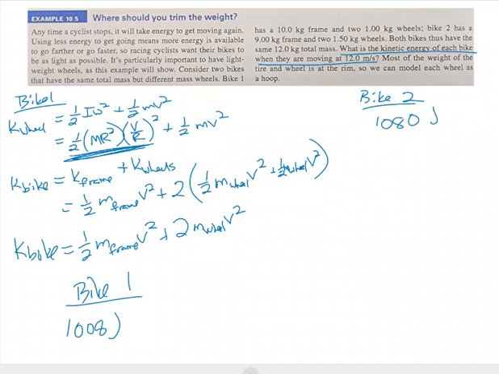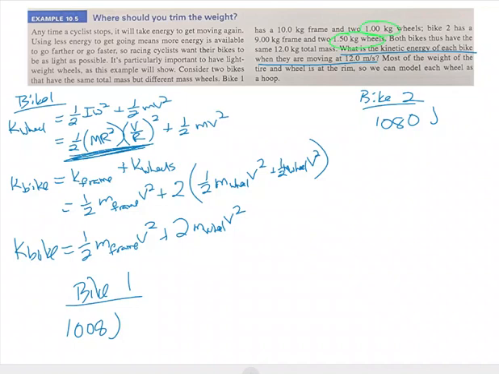So you're saying bike 1 is better? How come bike 1 would be better? Because, like you said, the difference here is the weight or the mass of the wheels.